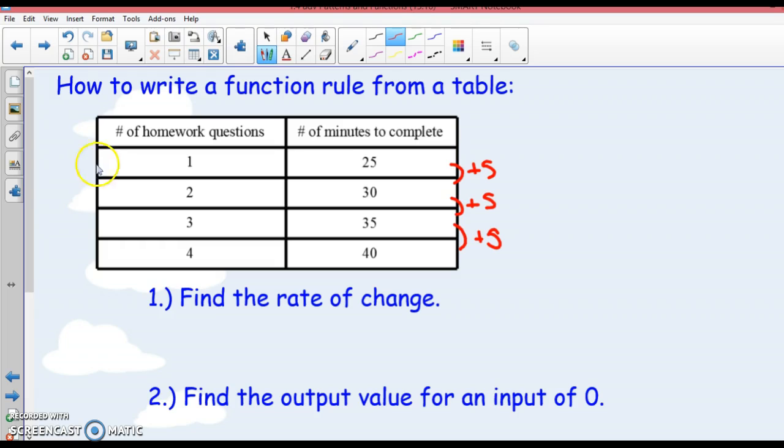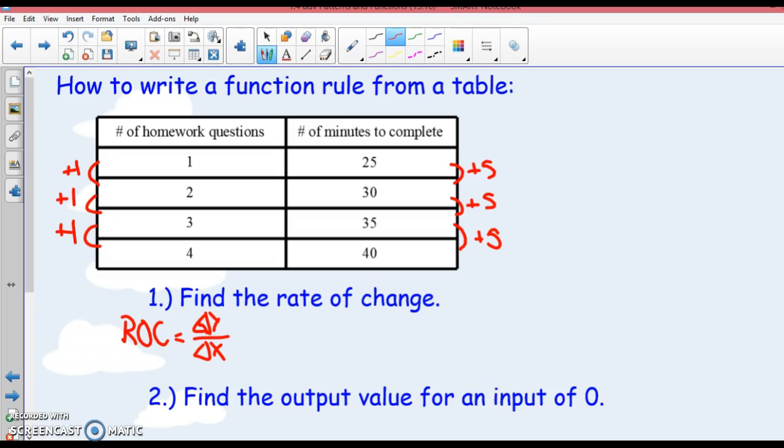Now, what's happening over on this side of the table? Adding 1, adding 1, adding 1. What's my rate of change? What is my rate of change? My rate of change is, look at this, delta y over delta x. That's the Greek letter delta.